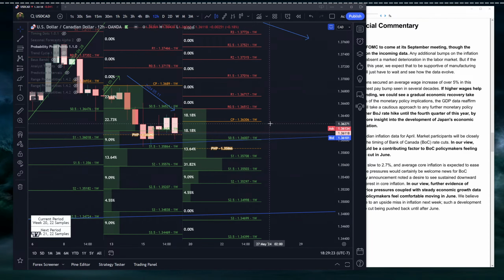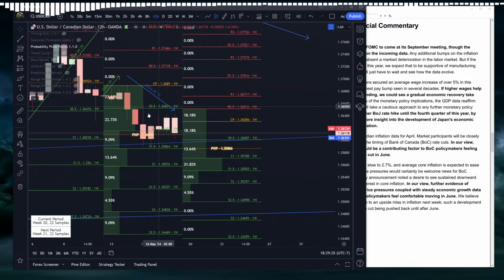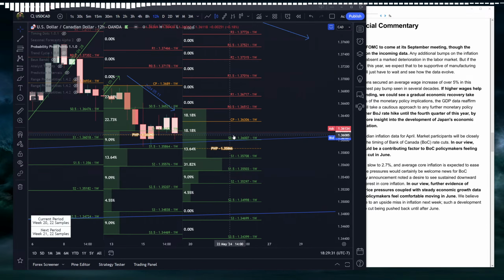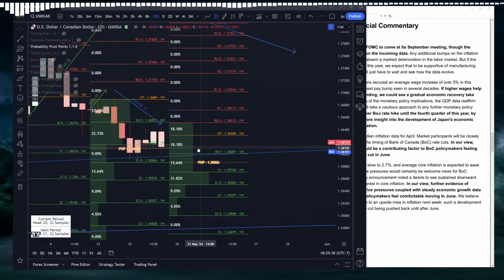So while these yield spreads are improving on the Canadian side, I mean, sure, if inflation is improving, there's probably going to be some front running on Canadian dollar bullishness, so this chart going actually lower. I think I misspoke when I drew this.